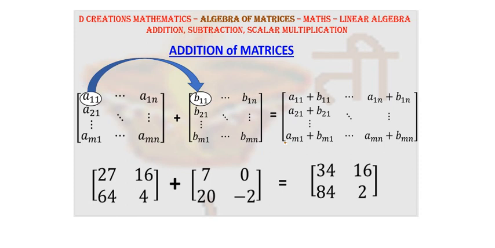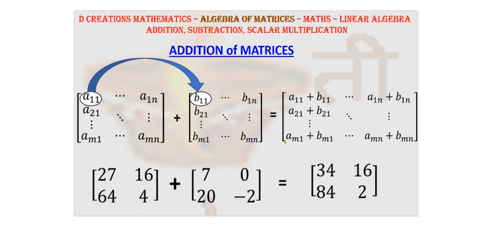So here there is an example to illustrate it. We have taken a simple 2 by 2 matrix, and 27 and 16 are the elements in the first row and 64 and 4 are the elements in the second row. Similarly, there is one more 2 by 2 matrix and the elements are 7, 0, 20, minus 2.